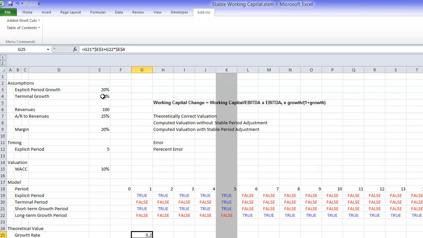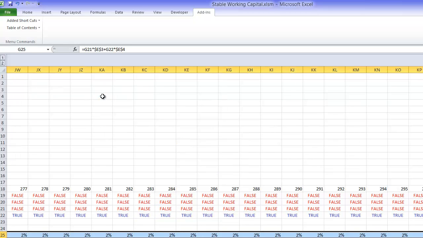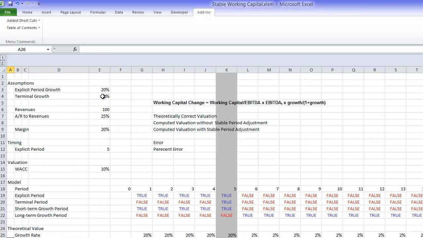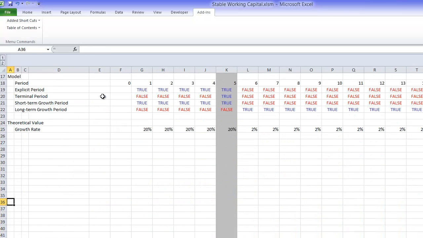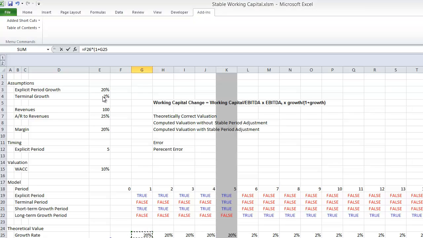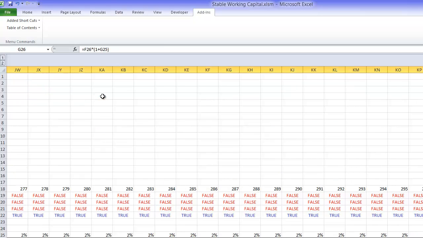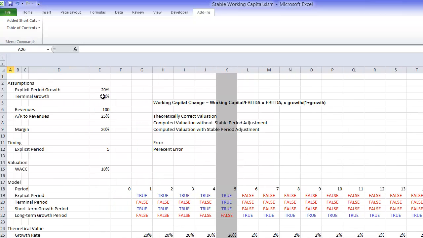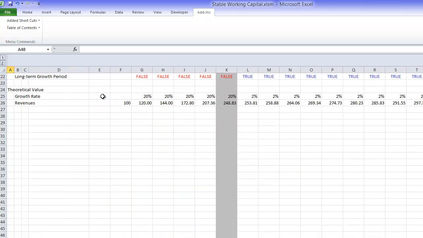Okay, if you've watched any of the other videos, they're all about the same. Now, after we put in the growth rate, I'll put the revenues in. We'll start with our base period revenues and multiply them by 1 plus the growth. Shift Control right arrow, Control R.